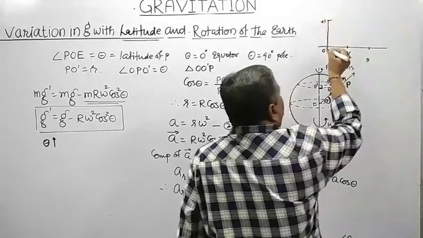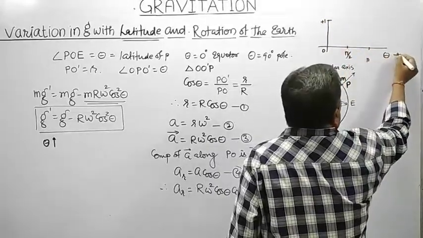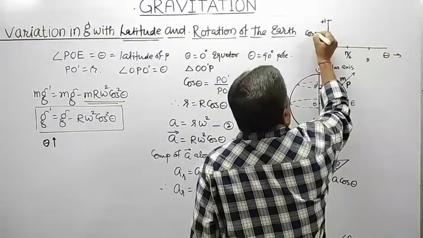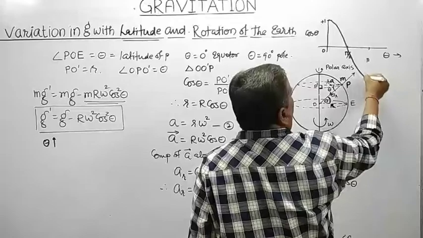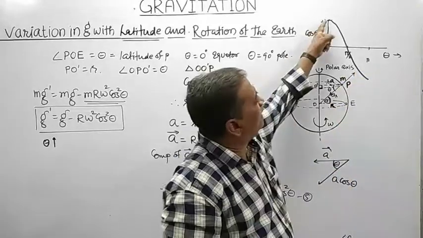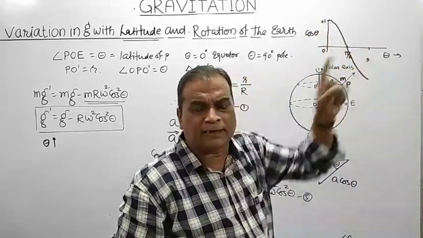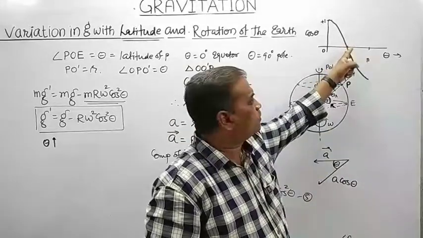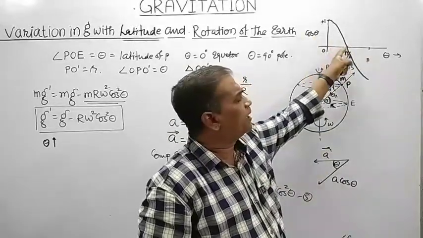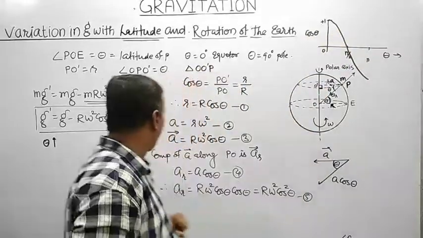So when theta is 0, cos theta is 1, and as we move from 0 to 90, cosine of theta goes on decreasing. When theta is 90, that is pi by 2, cos pi by 2 is equal to 0.